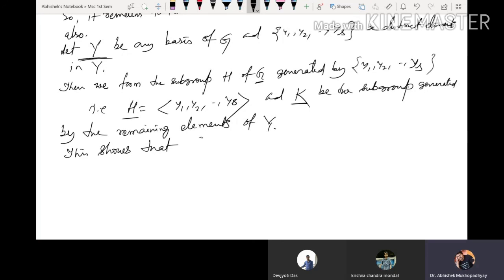So this shows that G is H plus K, H intersection K is the singleton 0, that is the identity, and also H, K being subgroups of an abelian group are normal.